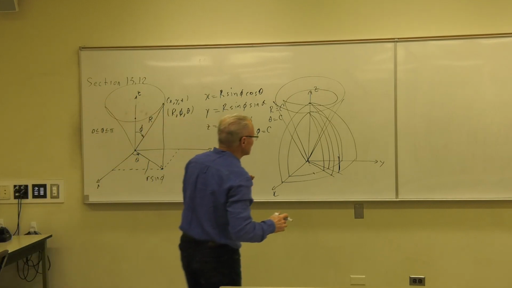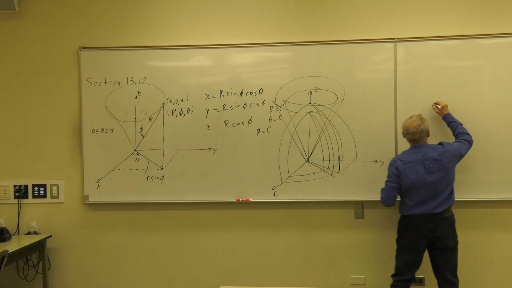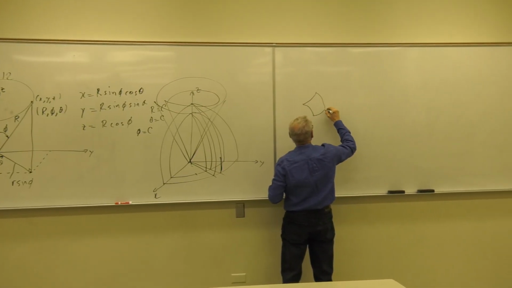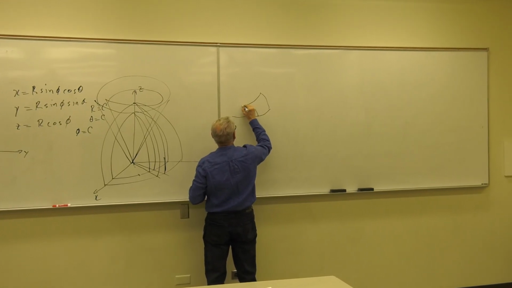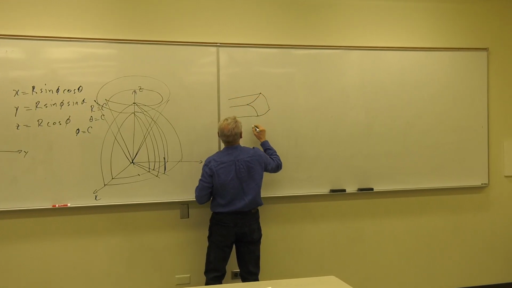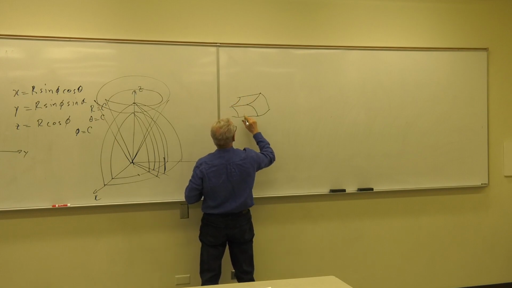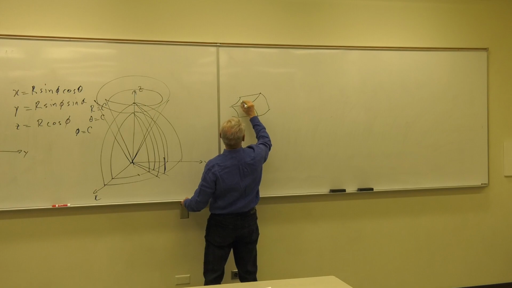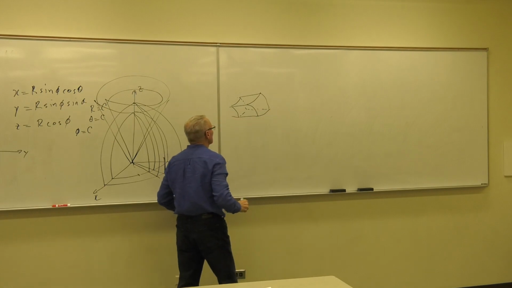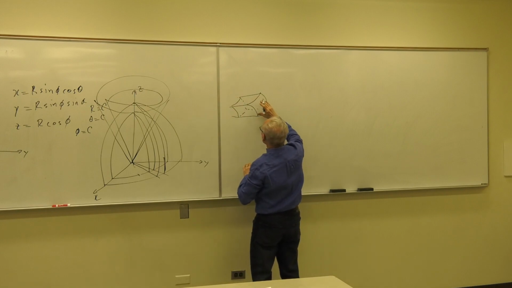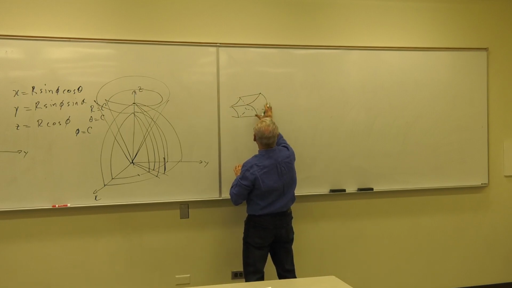Well, I'm going to try and draw it over here. It's going to have this, this, this, and it's going to go back and back and behind. And it's going to have this across the top, and it's going to go down and have this and this. So what you envisage is this is from a sphere.